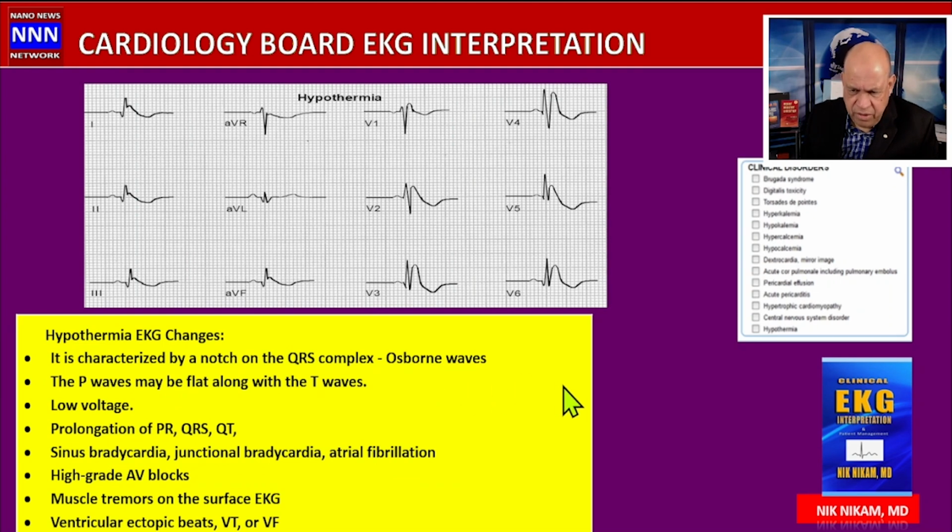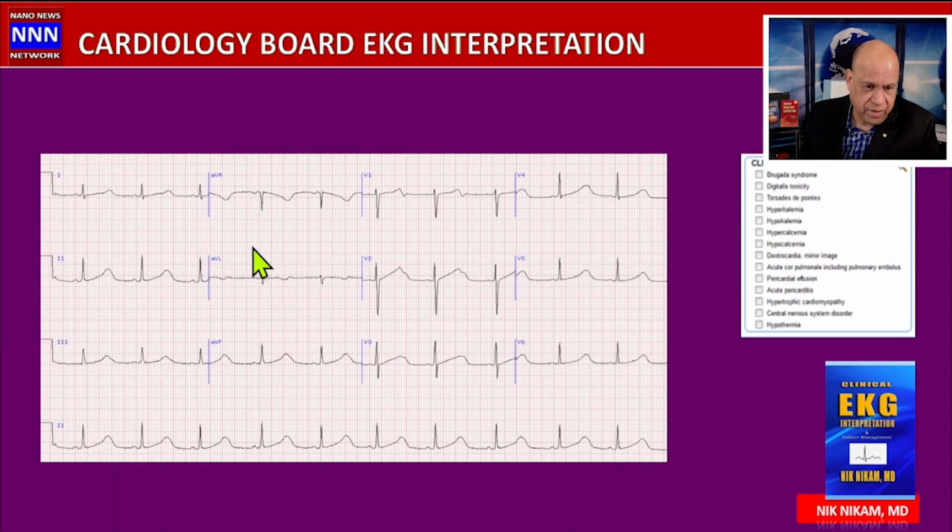So these are all some of the findings that we need to keep in mind when you look at an electrocardiogram. And if there is a word in the history that suggests something that might relate to hypothermia, like the patient made a trip to Alaska or some ski resort, that may be a tip off.